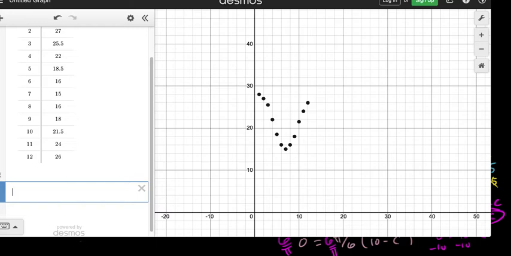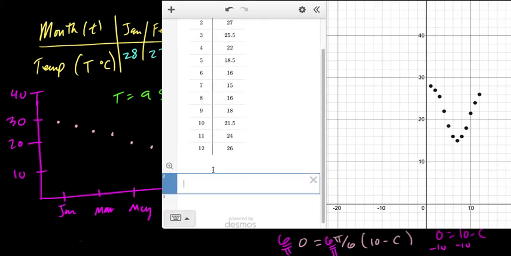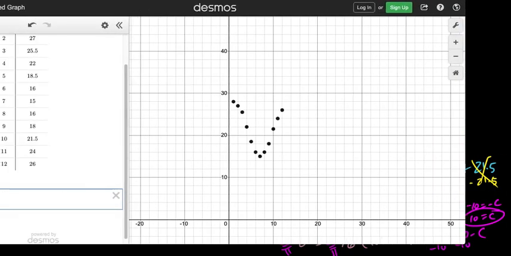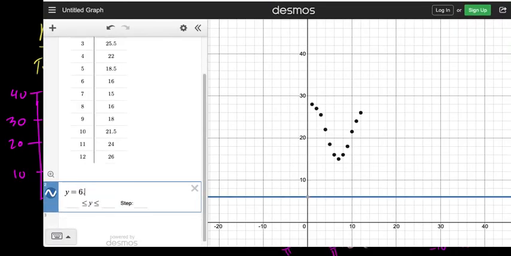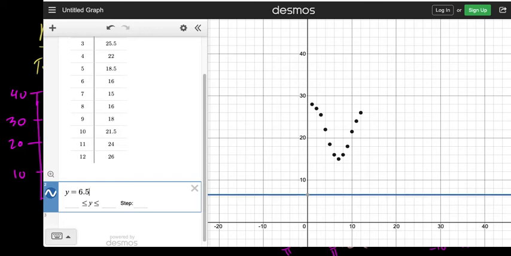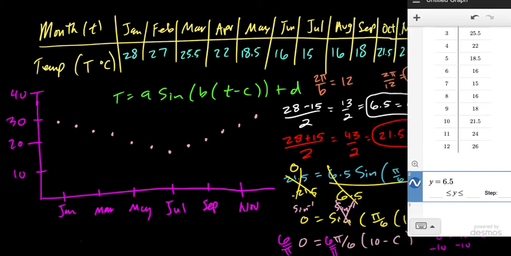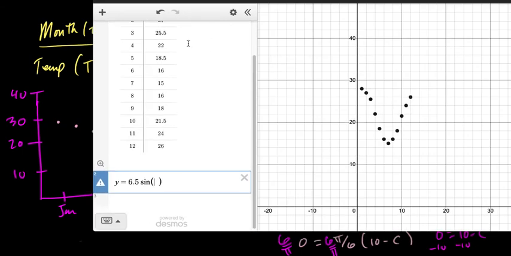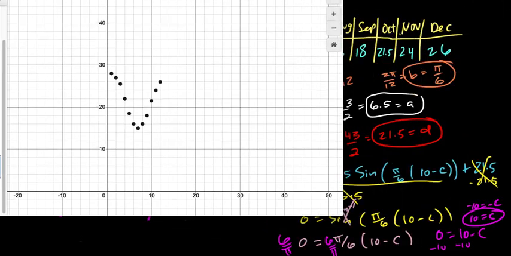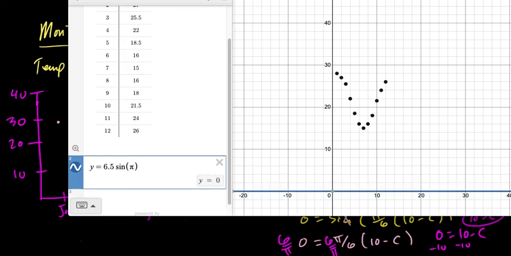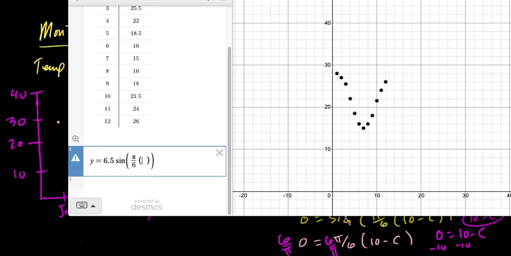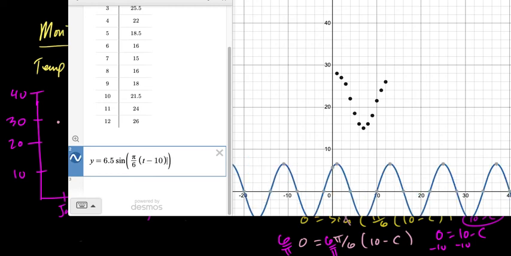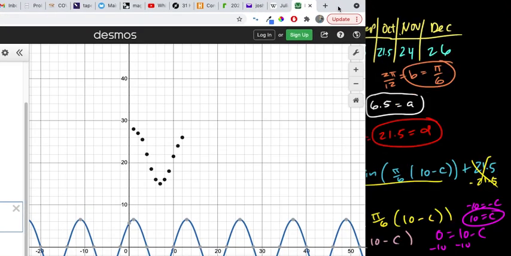And right here, we're going to plug in our model, which we have. y is equal to, where's our A? 6.5 sine, and our B value, where is it? Pi over 6, times x minus 10, plus 21.5.